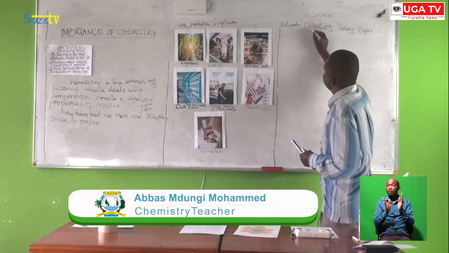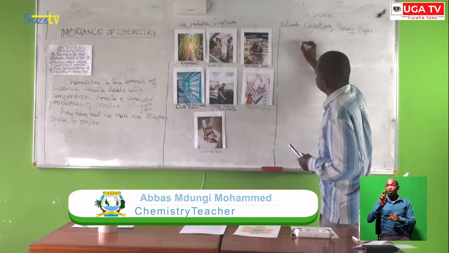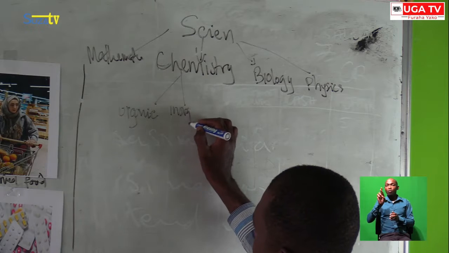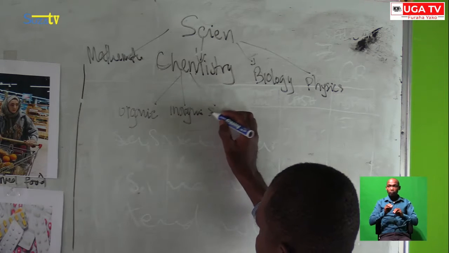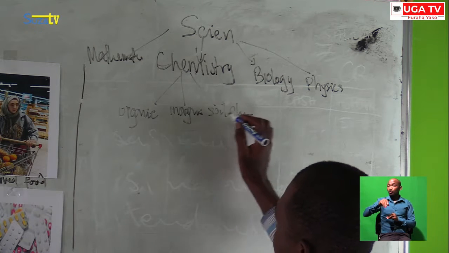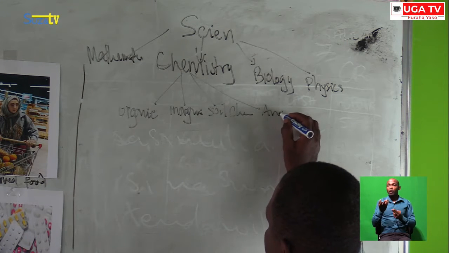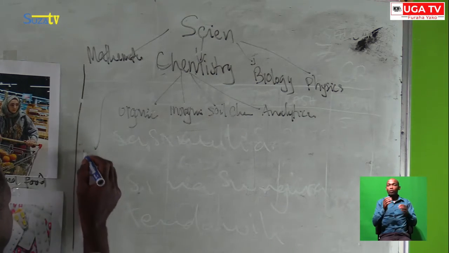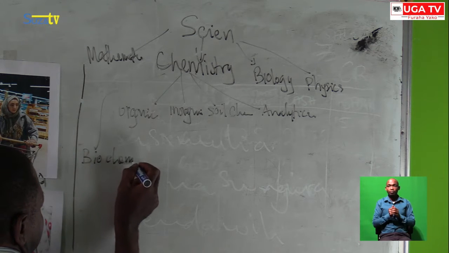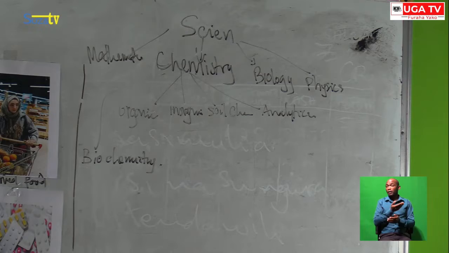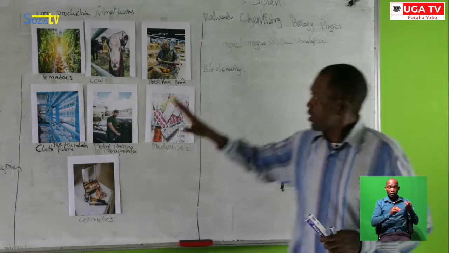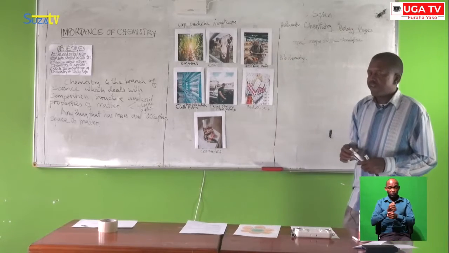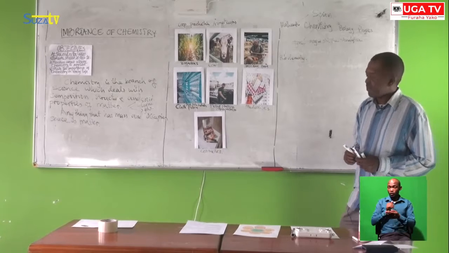For example, we have organic chemistry, inorganic chemistry, soil chemistry, analytical chemistry, and biochemistry. These different sub-branches of chemistry lead to different activities and different fields or professionals.